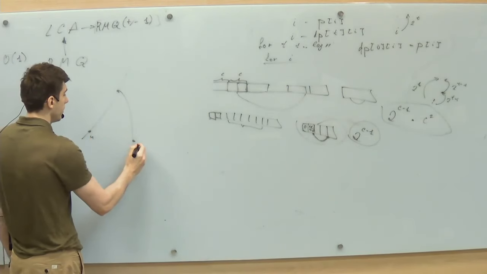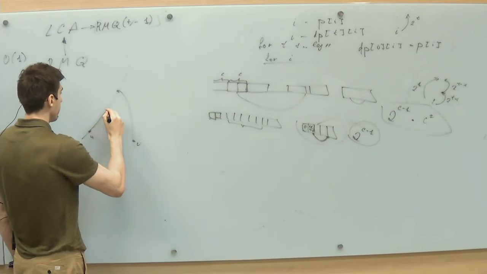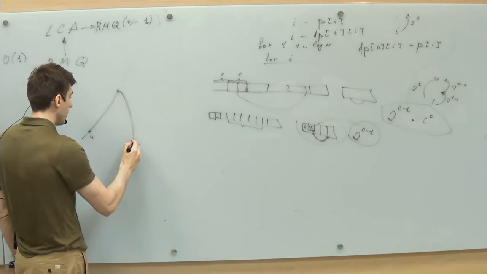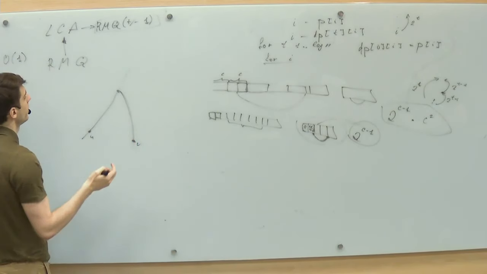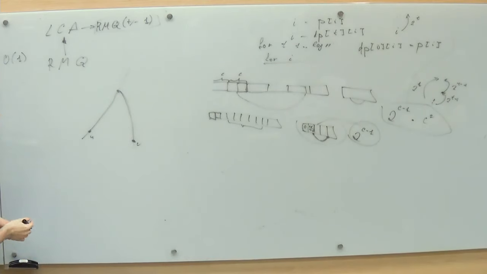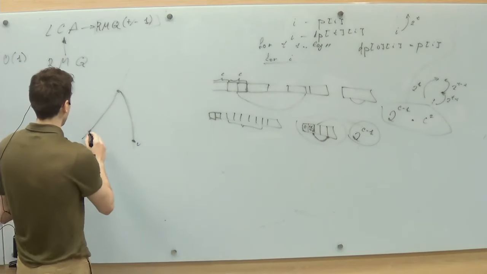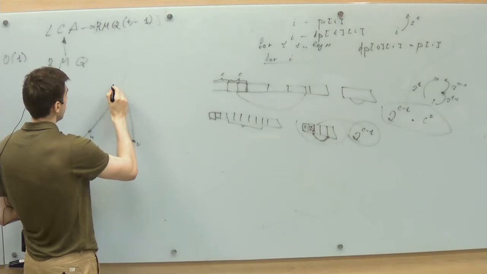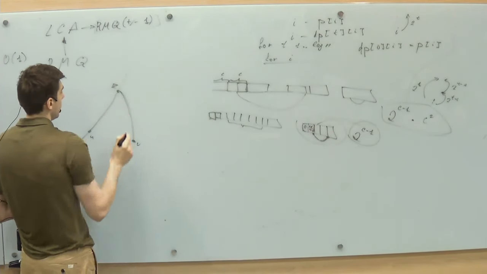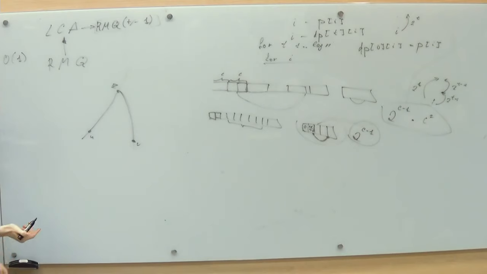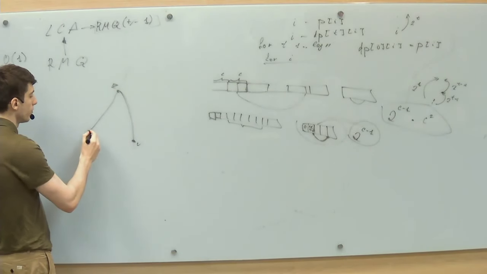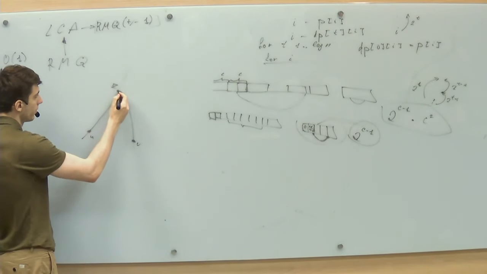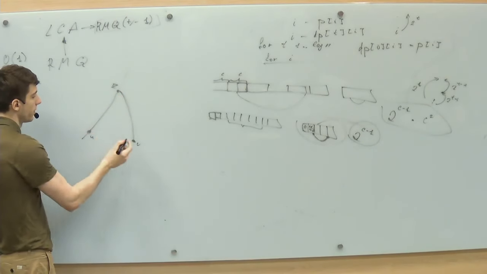So this is U, this is V, and we want to find which edge or vertex on the path has the greatest weight. First, of course, we find the LCA. After that, we split our query into two queries, where one of the vertices is the ancestor of the other.